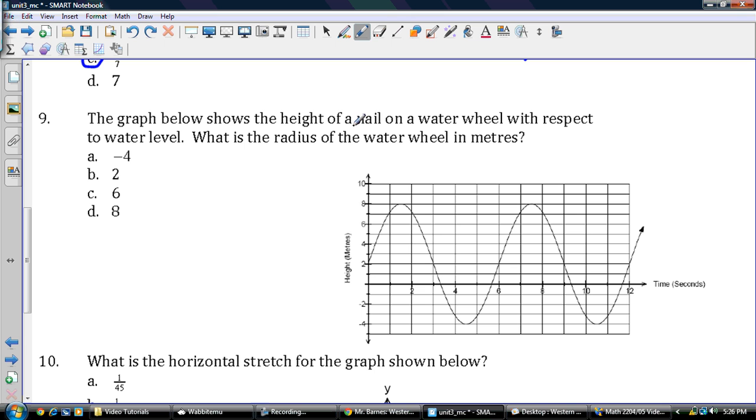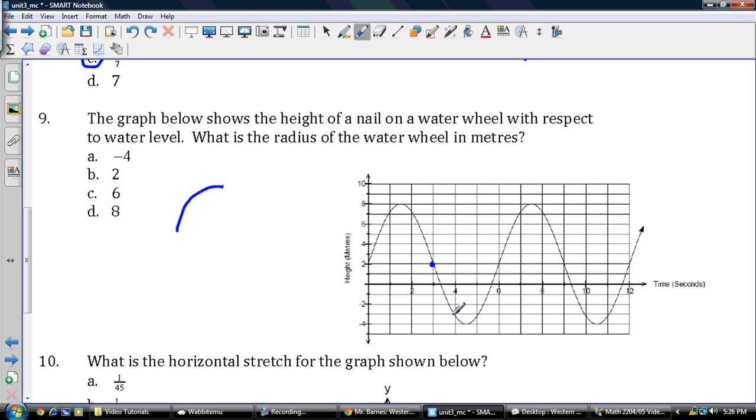The graph below shows the height of a nail on a water wheel with respect to the water. What is the radius in meters? One way we can do this is to think of the wheel itself. Let's start at a max. This is the top of the wheel. It goes down halfway, and we're at this point right here.